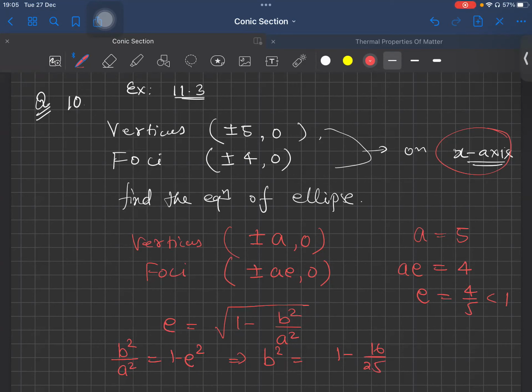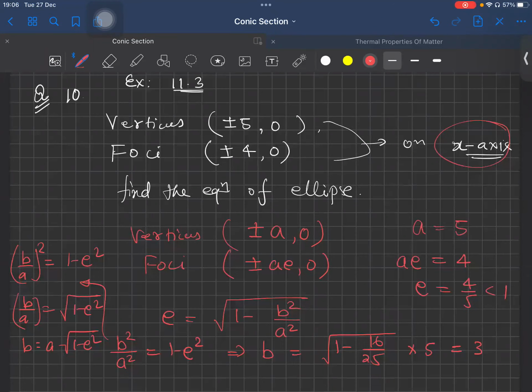So b by a will be equal to square root of 1 minus e square, so b will be equal to a times square root of 1 minus e square. That's what I'm substituting here. So this will be square root of 9 by 25, so 3 by 5 into 5, which is equal to 3. So b is equal to 3 we have got.